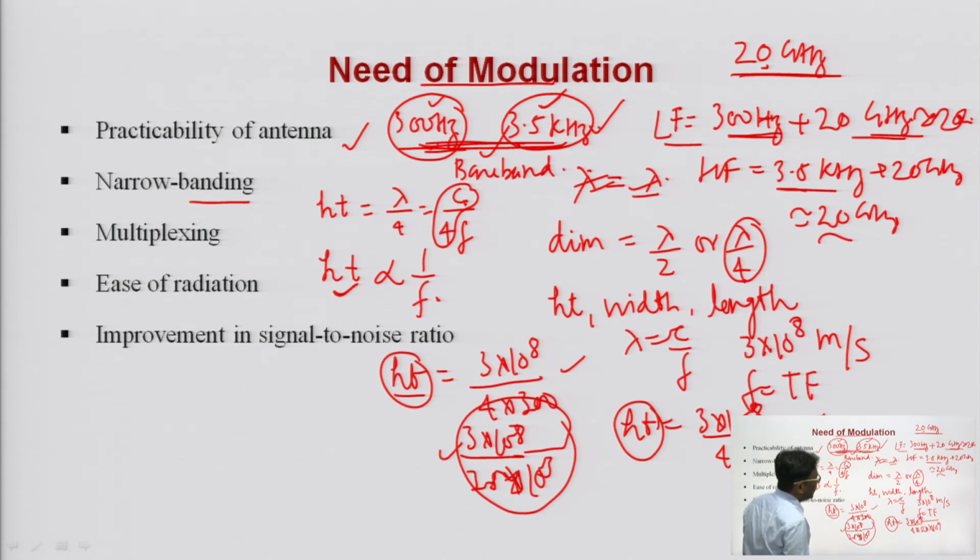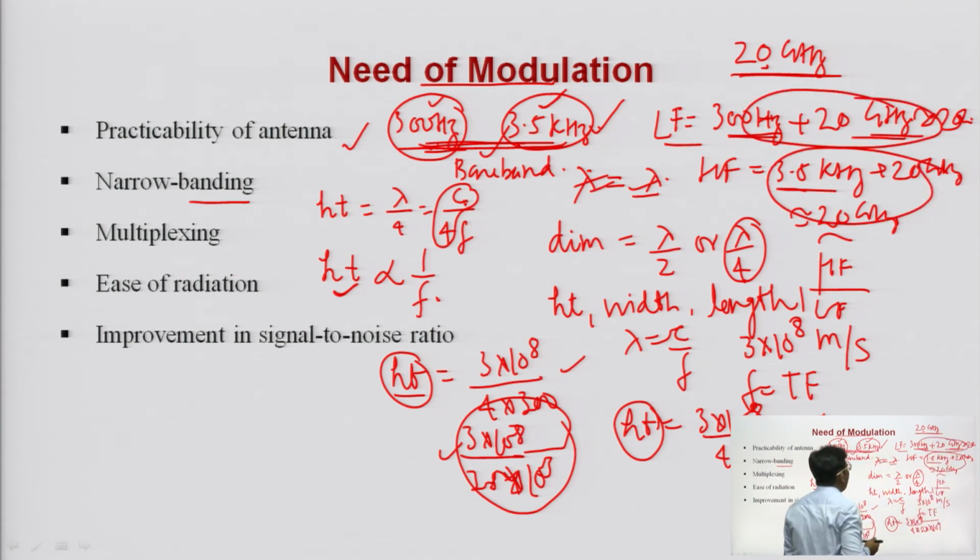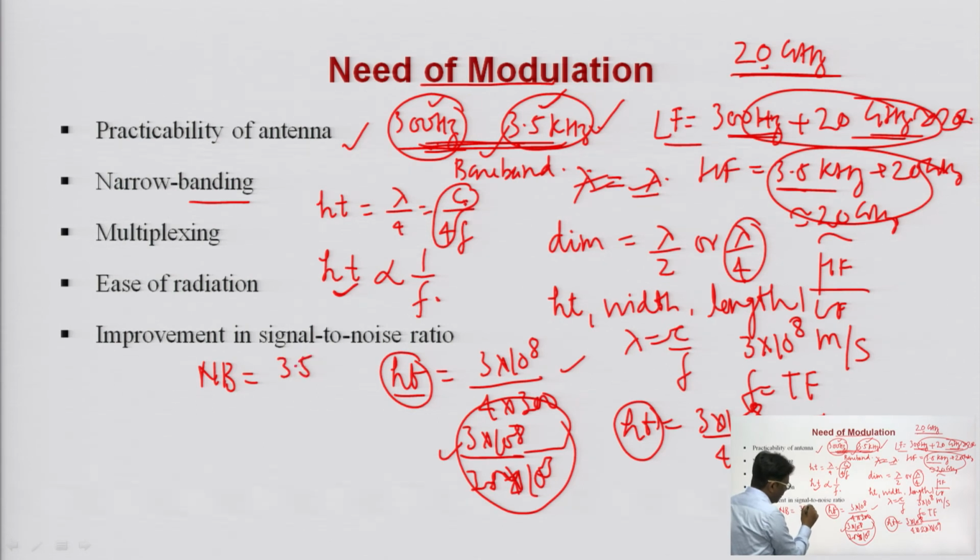Narrowbanding is basically given by the ratio of the highest frequency to the lowest frequency. So, if I transmit my information without modulation, what should be the ratio? 3.5 kilohertz divided by 300 hertz, this ratio is large, roughly 1000:1 if I am not wrong.